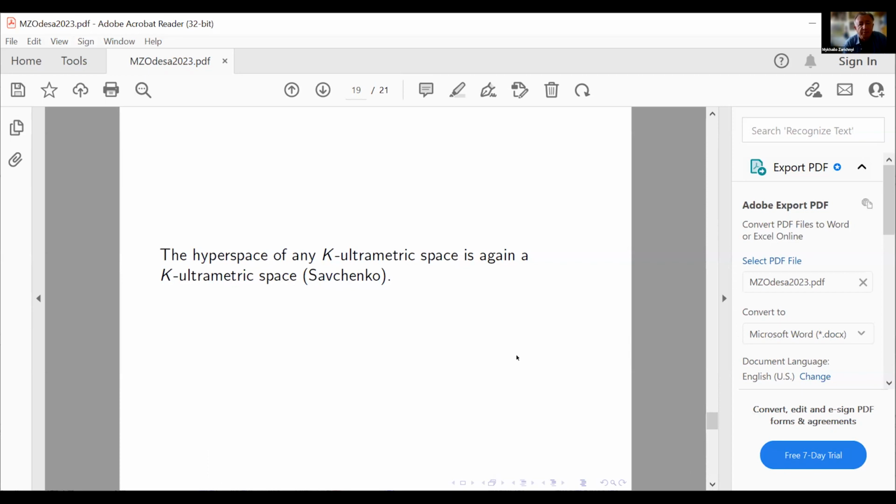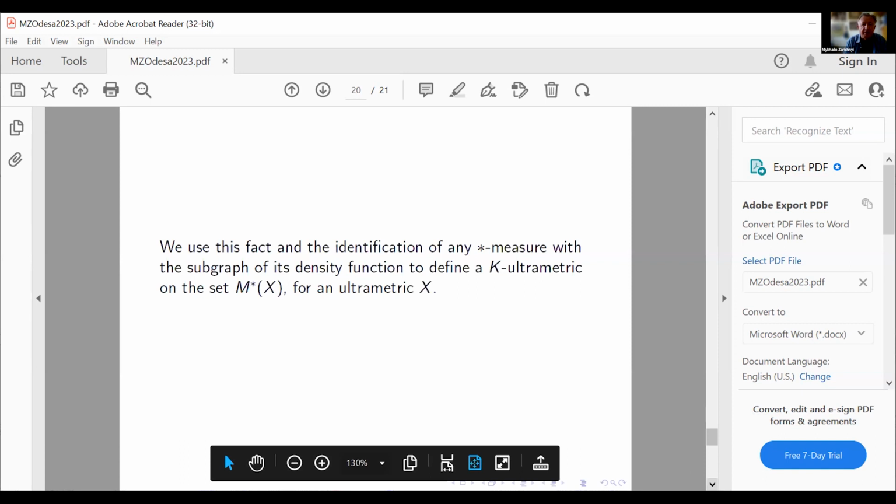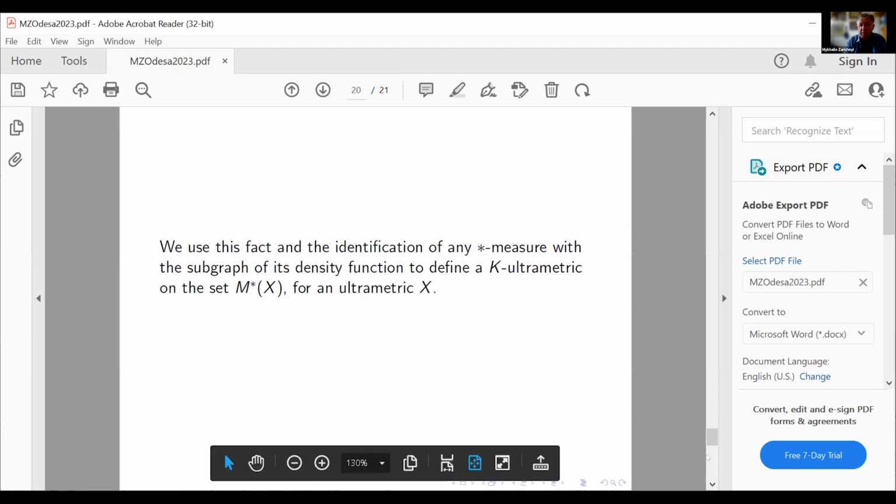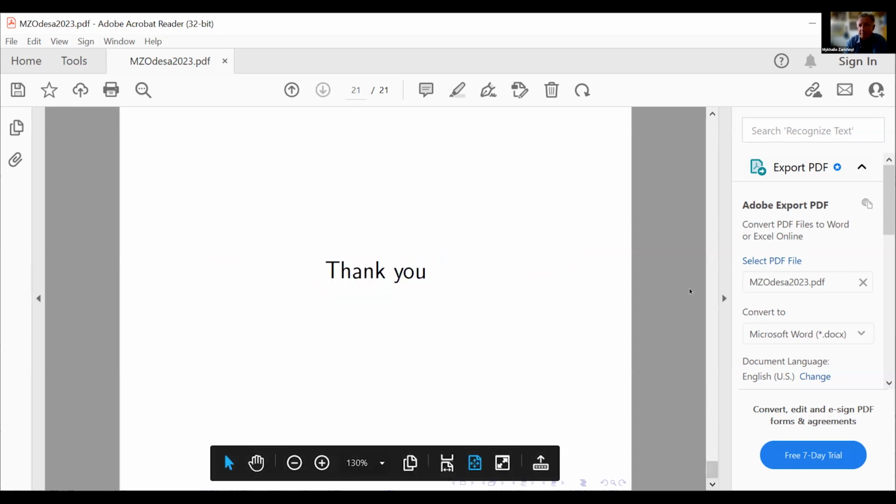Savchenko proved that the hyperspace of any K ultrametric space is again a K ultrametric space. And we use this fact and the identification of any star measure with the subgraph of its density function to define a K ultrametric on the set M star of X for an ultrametric space X.